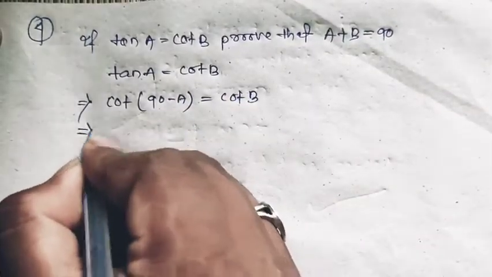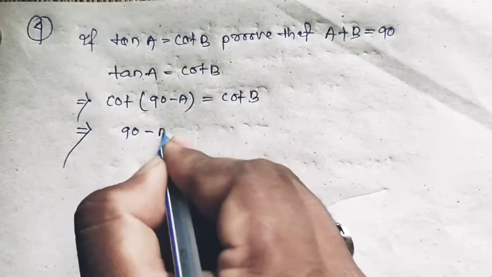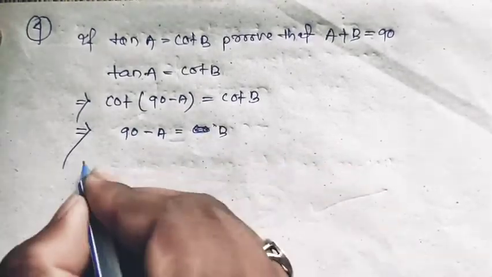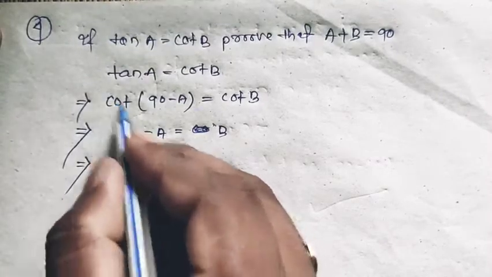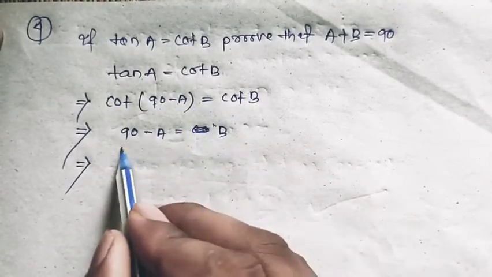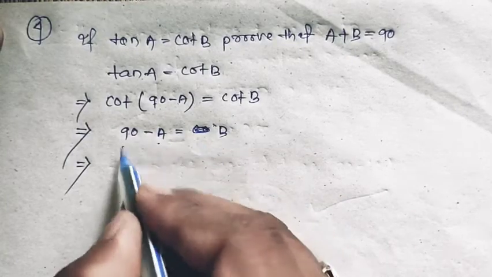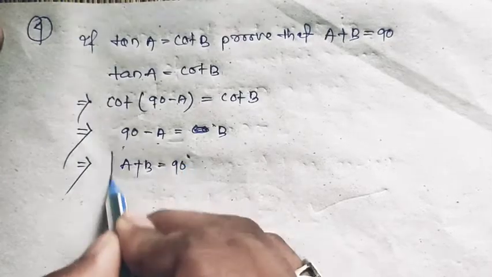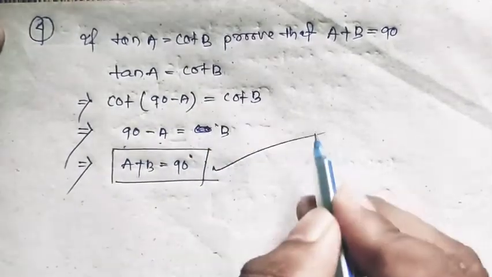From here, the cot cancels and 90 minus a is equal to b. So from here I can write a plus b is equal to 90. So this is what was given to prove, and hence proved.